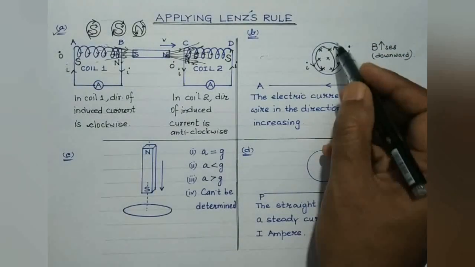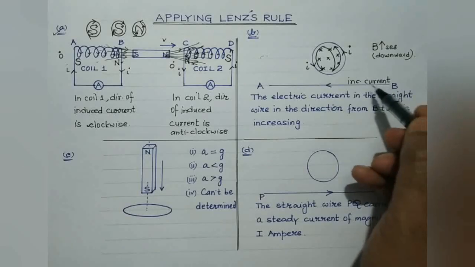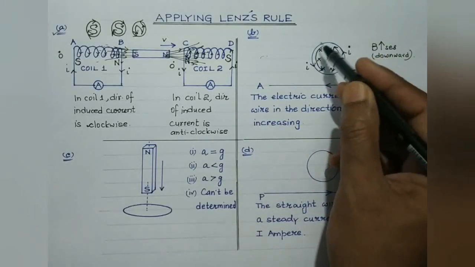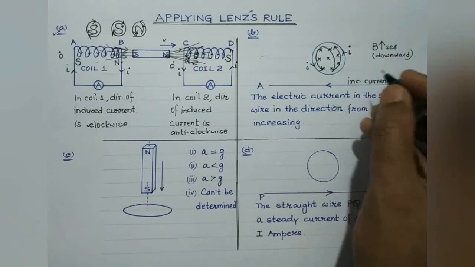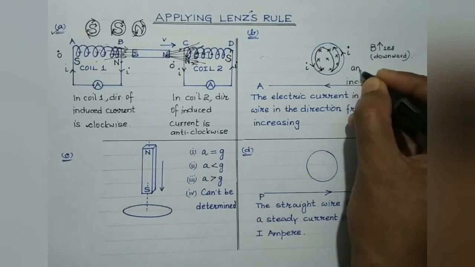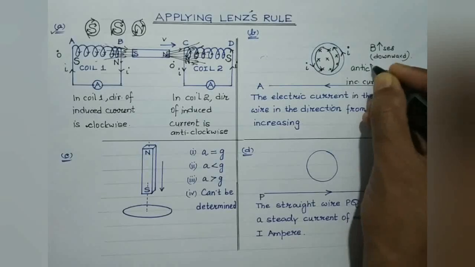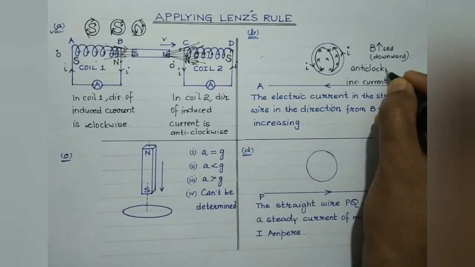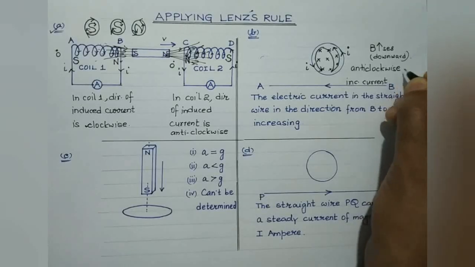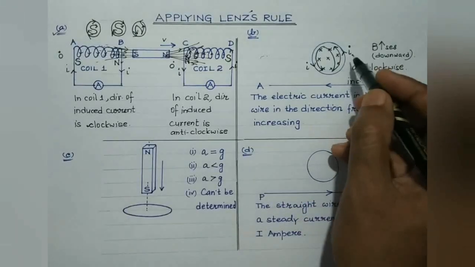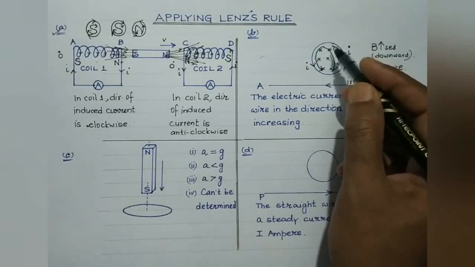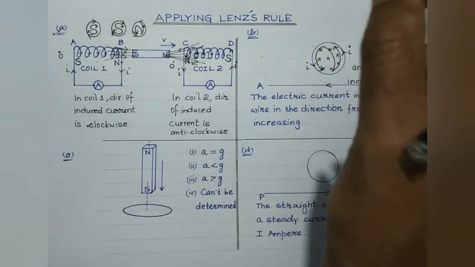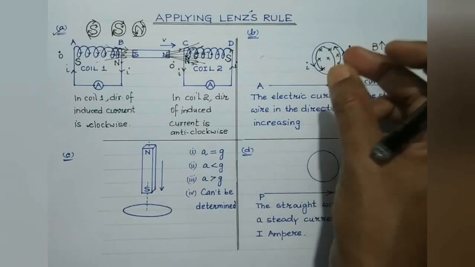So students, in this loop, due to this increasing current in the direction B to A, an induced current will develop which will be flowing in the anti-clockwise direction, because then its own magnetic field will be directed perpendicularly upward, outward direction, isn't it?